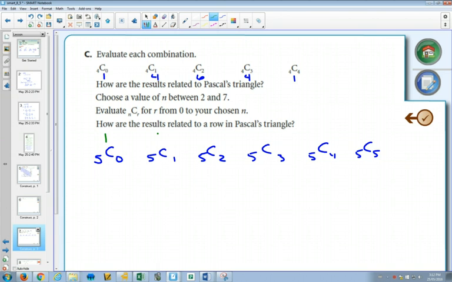This is 1, this is 5, this is 10, this is 10, this is 5, this is 1. Does it match up with any of our triangles? What row is this in our triangles? The 6th row.